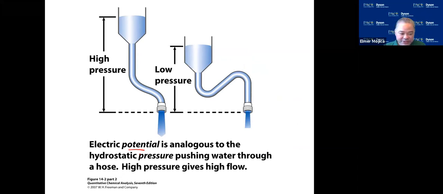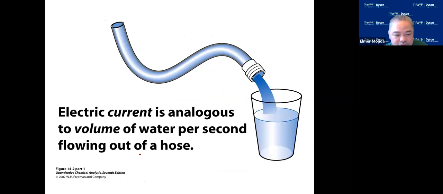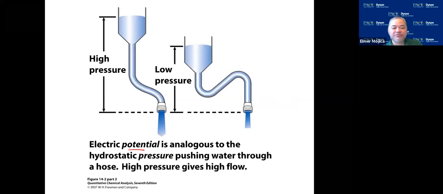So that's the difference between potential and current, because we often use them interchangeably, but if you look at the meaning, they're not really the same. One has something to do with the flow, while the other has something to do with pressure, and pressure has something to do with difference.